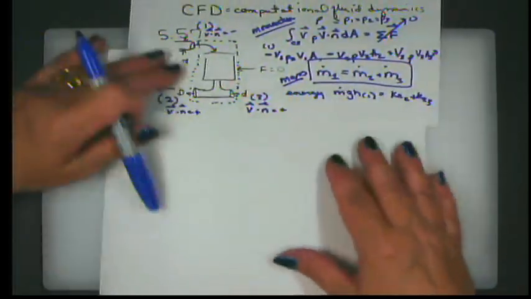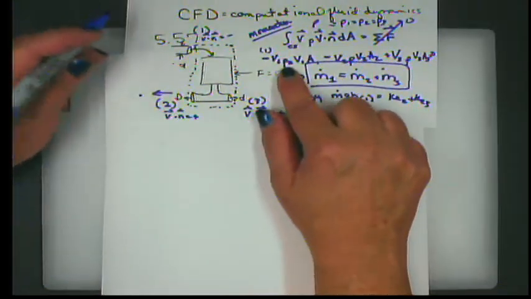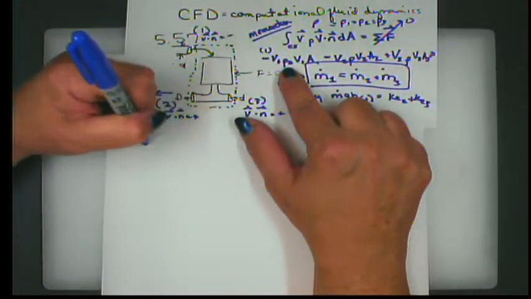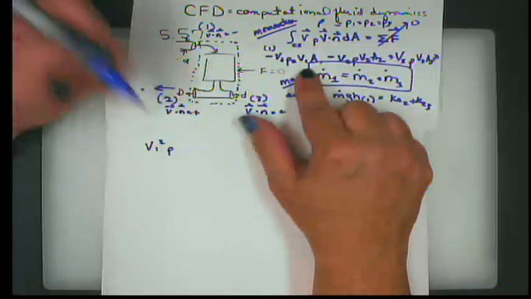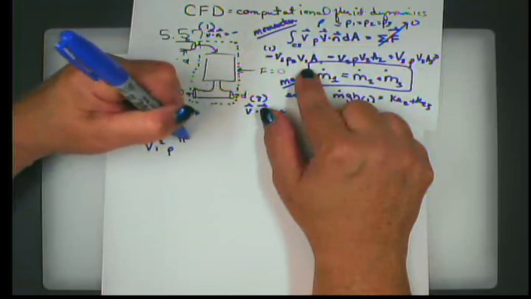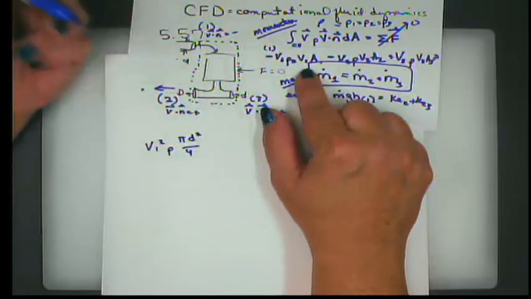So, starting with equation 1, let's just write it as V1 squared rho times area, which is pi d squared over 4, because we're assuming it's circular.